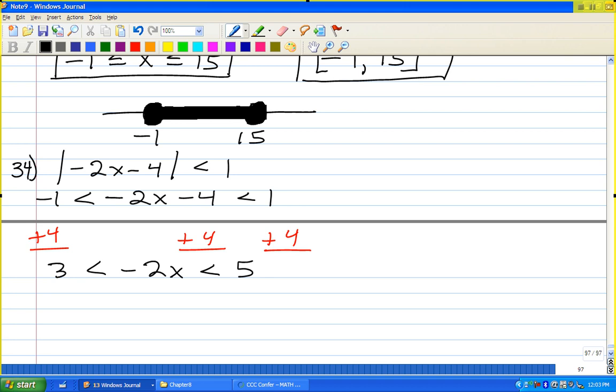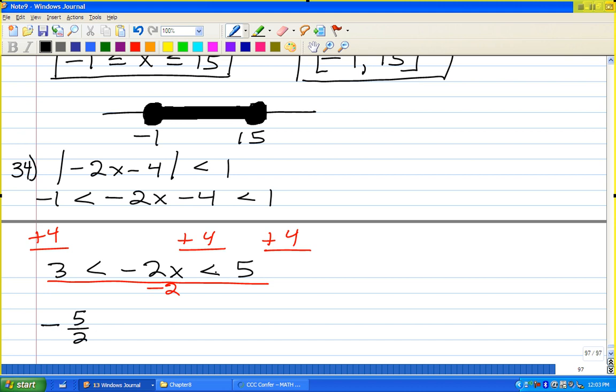Let me divide all sides of my inequality by a negative 2. And so if you recall, if I divide by a negative, I've got to do this switching around. So instead of going from left to right, I've got to go from right to left. So 5 divided by negative 2 is a negative 5 halves.